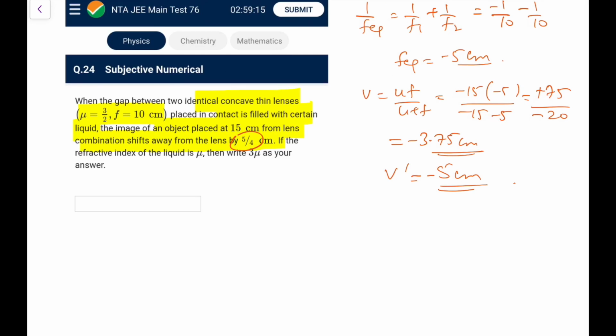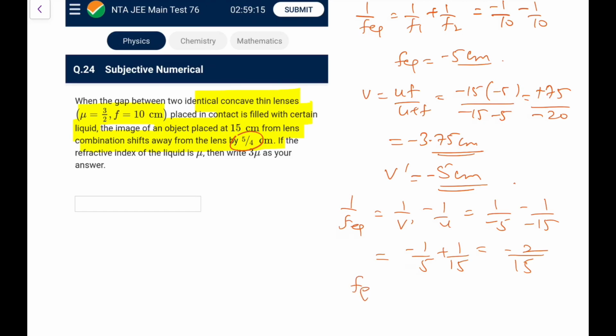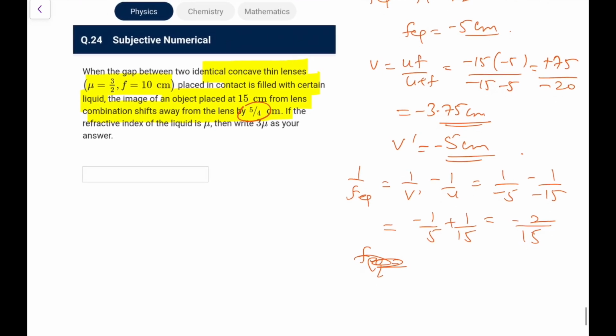So the combination is changing, and this v dash is minus 5, so new f equivalent I can make out as 1 upon v dash minus 1 upon u. That is 1 upon minus 5 minus 1 upon minus 15. So it is minus 1 by 5 plus 1 by 15, that would be minus 2 by 15.